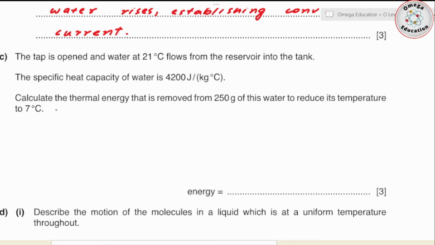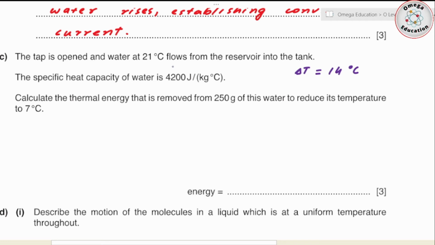So this is the change in temperature. The final temperature has to be 7 degrees Celsius and the initial temperature was 21 degrees Celsius. So the change in temperature, you can subtract 21 minus 7, you'll be getting 14.